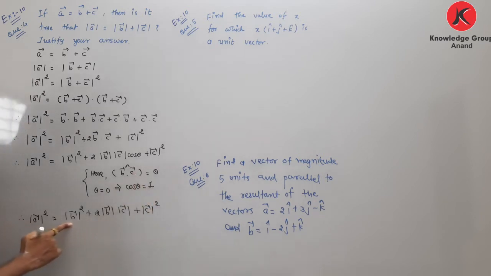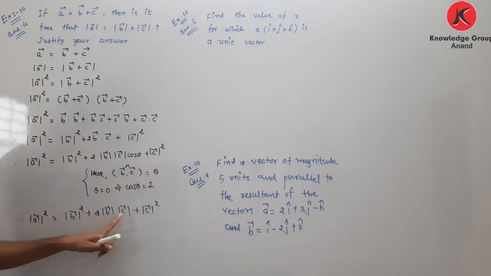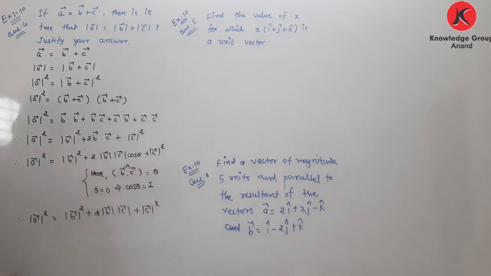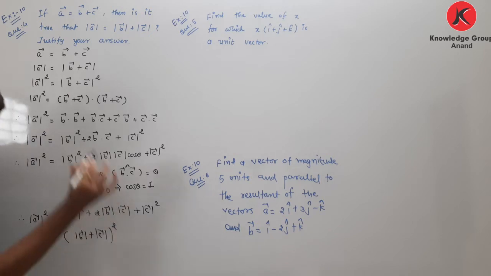Now see here, we can see that B square plus 2BC plus C square means magnitude of B plus magnitude of C whole square. This can be written as magnitude of A square equals magnitude of vector B plus magnitude of vector C whole square.